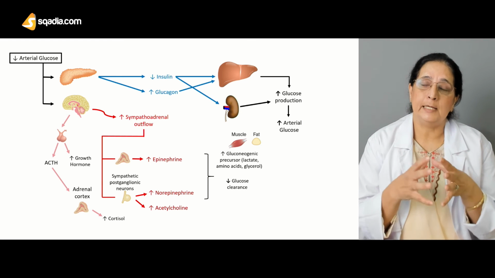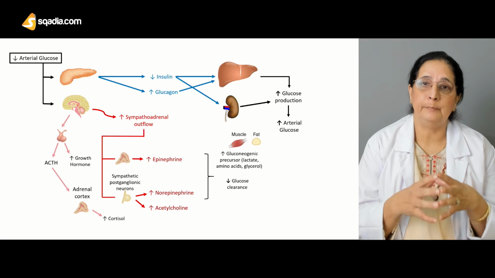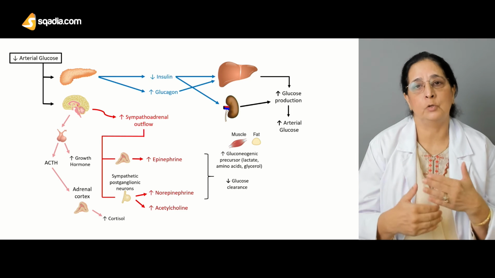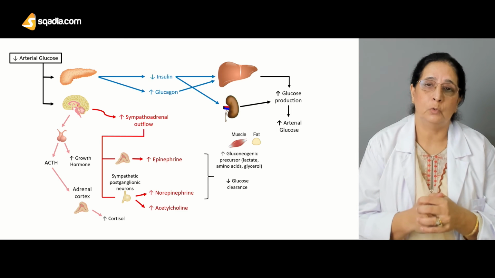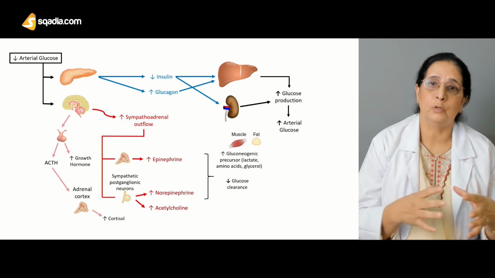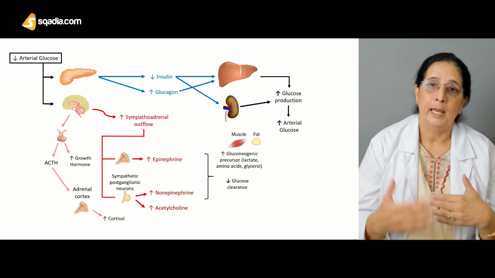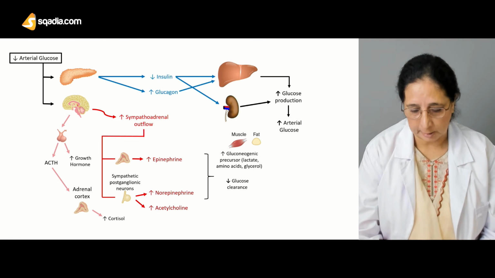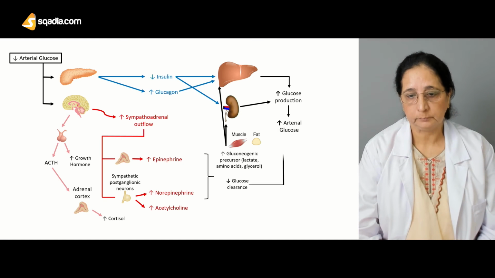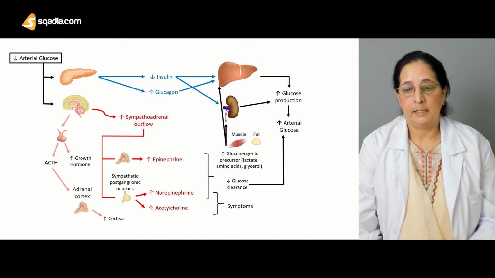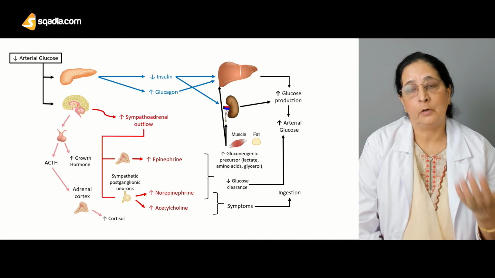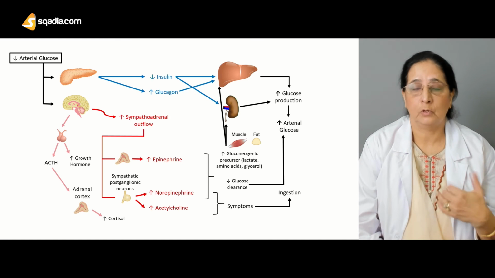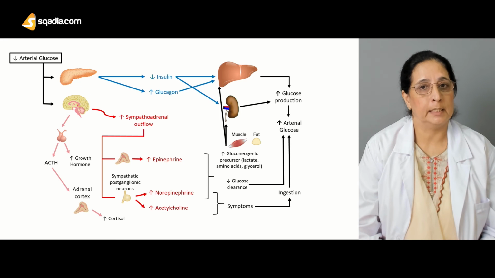And the other mechanism by which they increase the blood glucose level is also by decreasing the clearance of the glucose. So more glucose is retained in the body and causes increase in the blood glucose level. Then there is also increased ingestion or intake of glucose that causes increase in the blood glucose level.